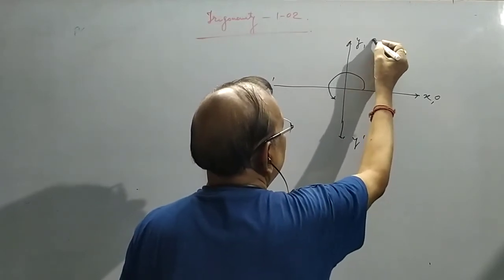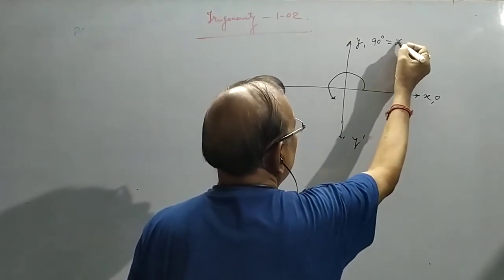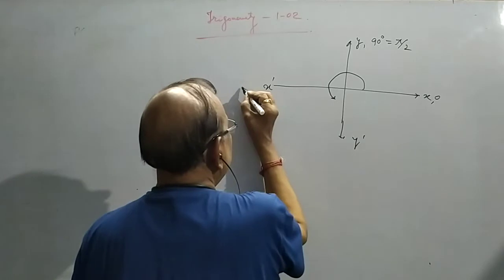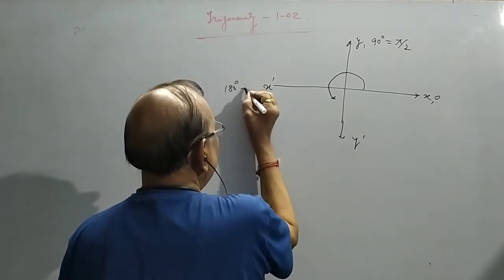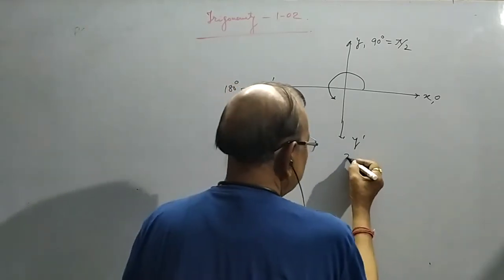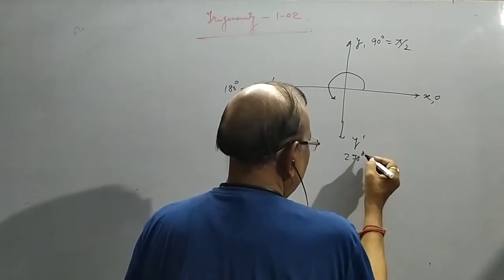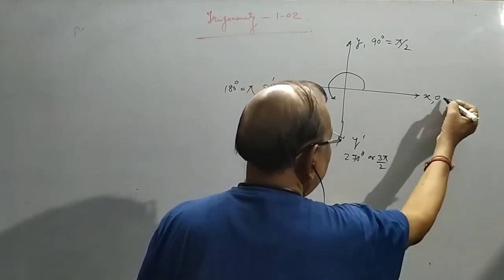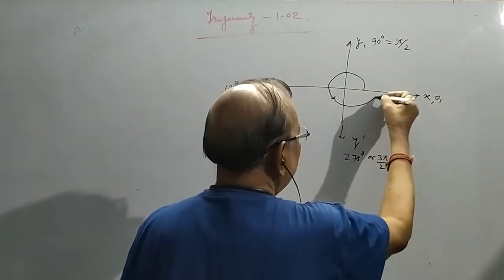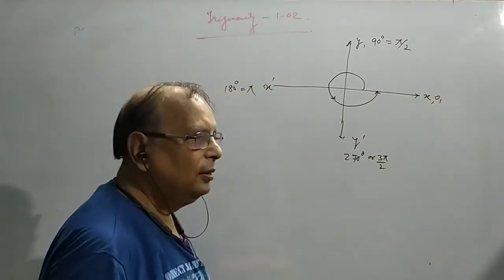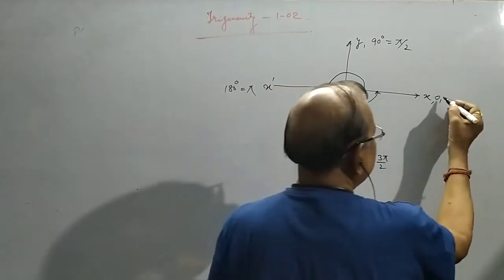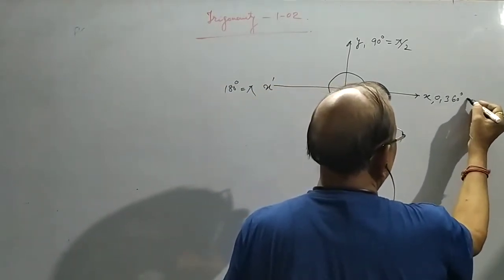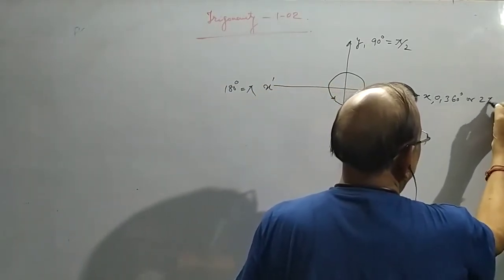That is 90 degree or pi by 2. That is 180 degree or pi. That is 270 degree or 3 pi by 2. Again, we return back after completing a round. That is 360 degree or 2 pi.